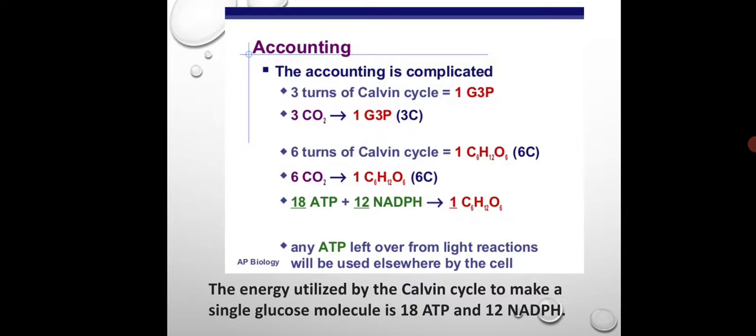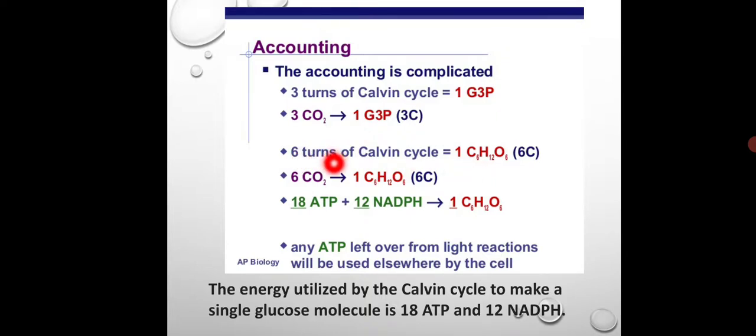It is very simple. Just keep in mind that to produce 1 glucose molecule, this cycle is run 6 times. Okay, so 3 carbon dioxide gives 1 G3P molecule, that is glyceraldehyde 3 phosphate, which is a 3 carbon containing compound, and 6 turns of Kelvin cycle give 1 sugar molecule.